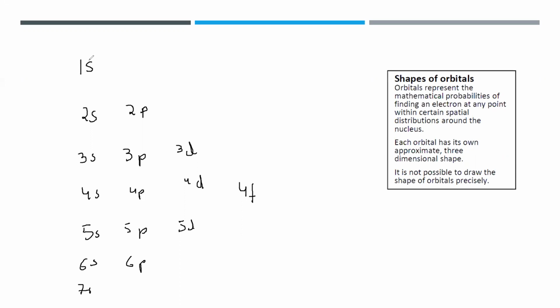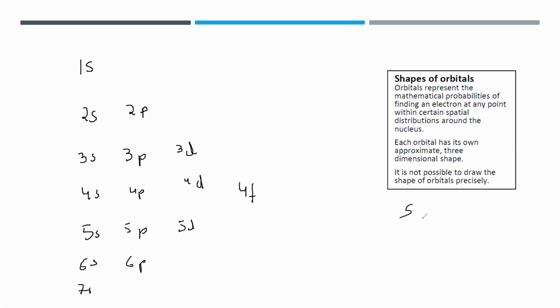So to write the electronic configuration, first you have to remember this pattern. It's not difficult to remember. First it is 1s, then 2s, then 2p, then 3s, 3p, 3d. You can see what I did. We are increasing 1 subshell. What are the subshells?